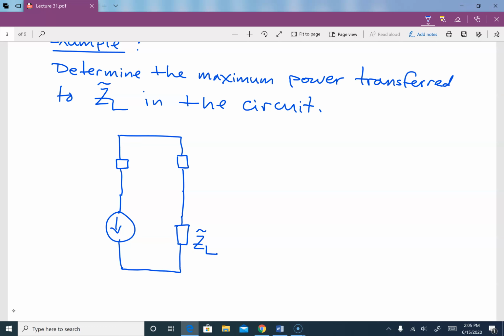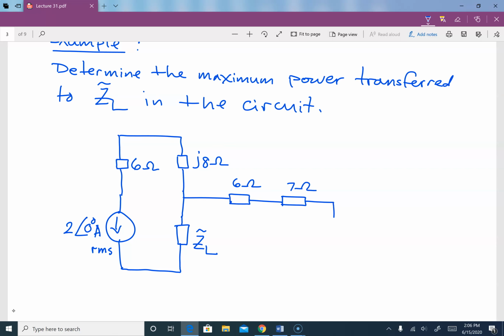This is our ZL, J8 ohm, 6 ohm, 2 with angle 0 ampere RMS, 6 ohm, 7 ohm, 2 Ix, and this is where Ix is flowing.